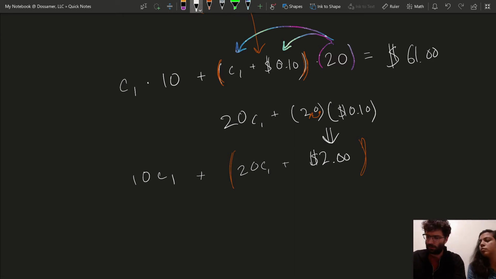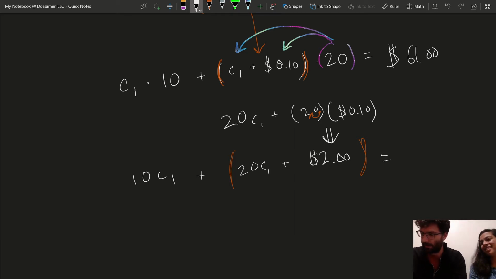Then over here plus 20 C1, and that's the end of the distribution of the brackets. Then over here, what do we have? We have the 10C1.